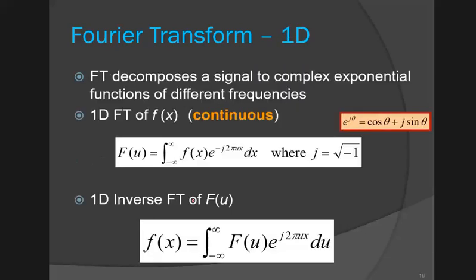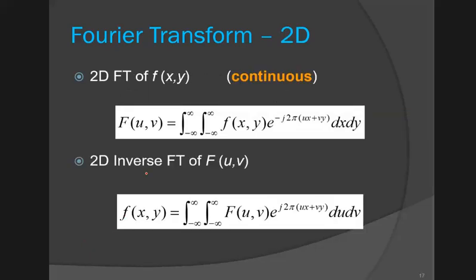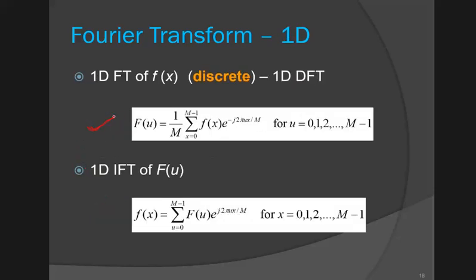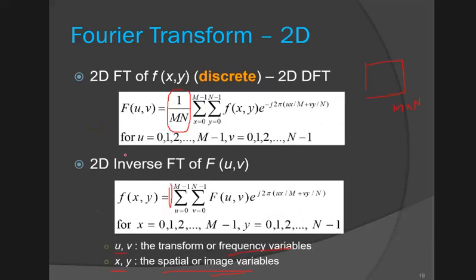First we saw the Fourier transform for a 1D continuous function, then the inverse equation of that, then the Fourier transform equation for a 2D signal, then the inverse Fourier transform for that F(u,v), then the Fourier transform equation for a 1D discrete signal, then the inverse Fourier equation for that. Then we are actually interested in this equation, which is the Fourier transform of a 2D signal, and that signal is discrete.